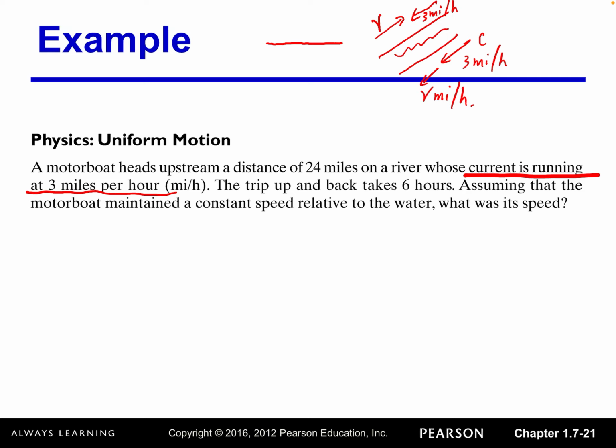Okay, so now let's go through our general 5-step process. First step, we need to identify the unknown quantity, what we're looking for. We're looking for the motorboat's travel speed. The motorboat travel rate is the unknown quantity.